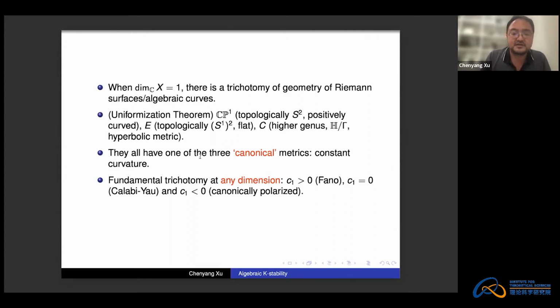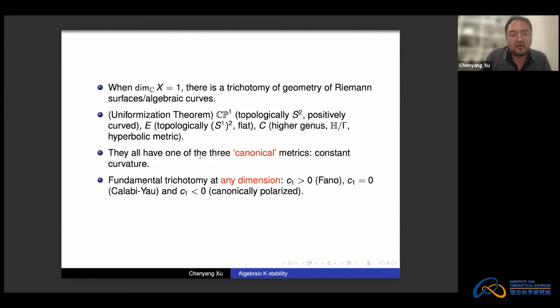And the third one is hyperbolic, because you can descend the hyperbolic metric from the upper half plane to get a metric with constant curvature -1. Clearly these three are the best metrics you can look for. So we want to generalize this trichotomy to arbitrary dimension.